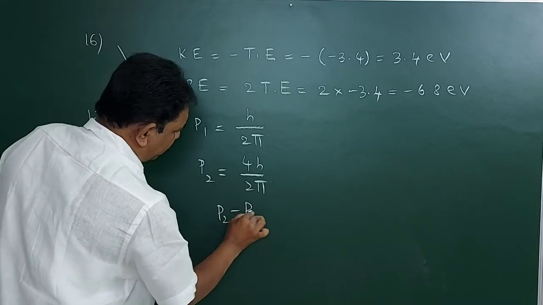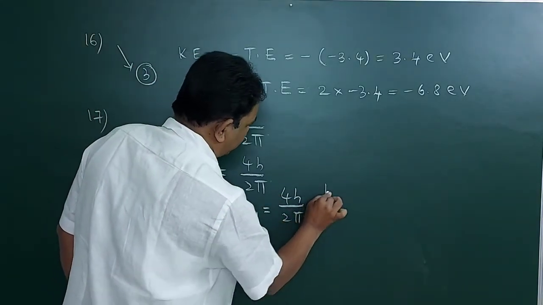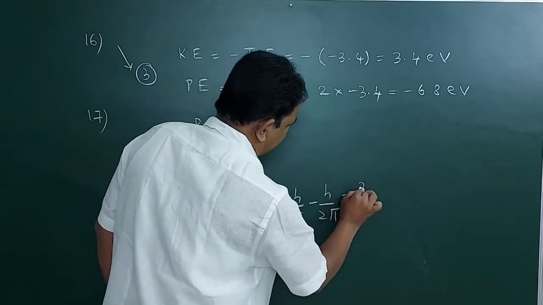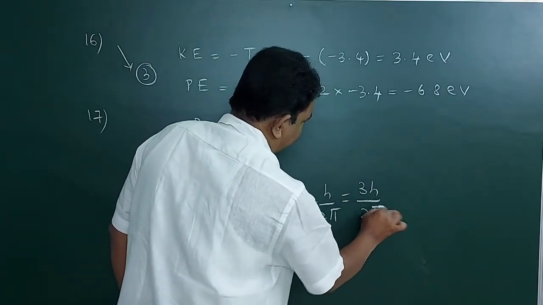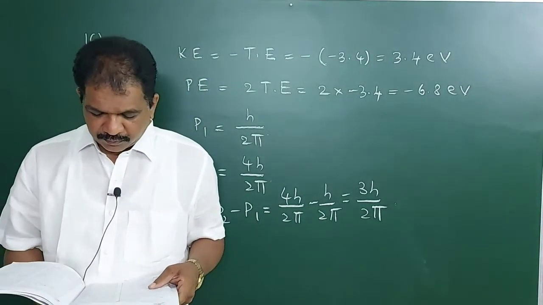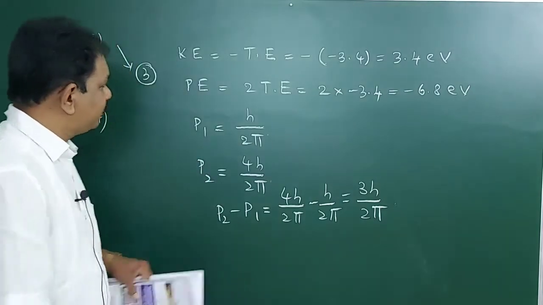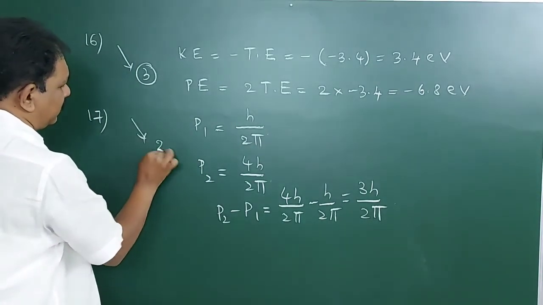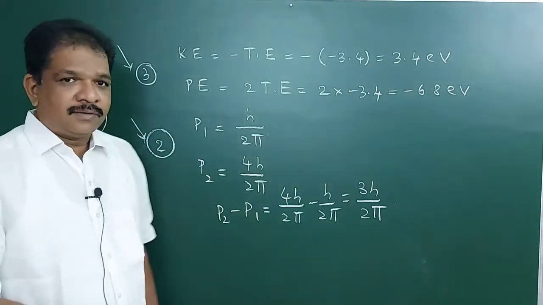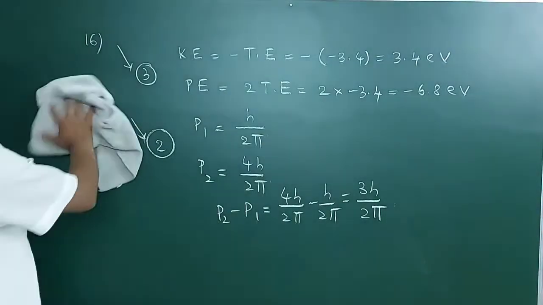Change in the angular momentum means 4h by 2 pi minus h by 2 pi, this value is 3h by 2 pi. So 17th, it will be second option.